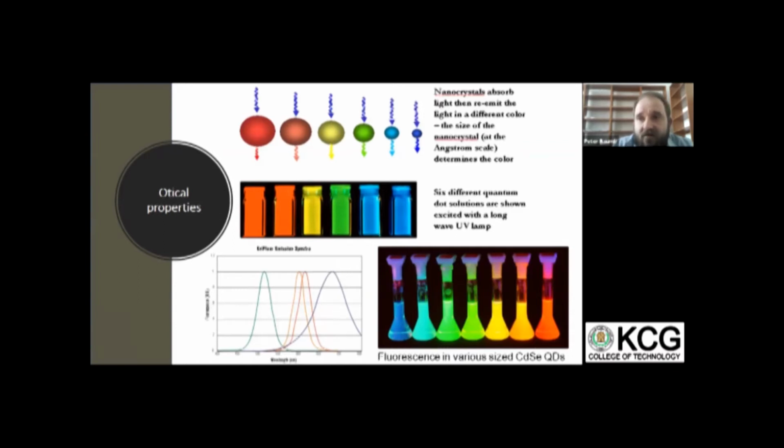The optical properties of this material, you can see here these two pictures. This is cadmium selenide quantum dots. The material is same in all of these flasks, but the size of the nanoparticles are different, and because of this you can see different color of it.